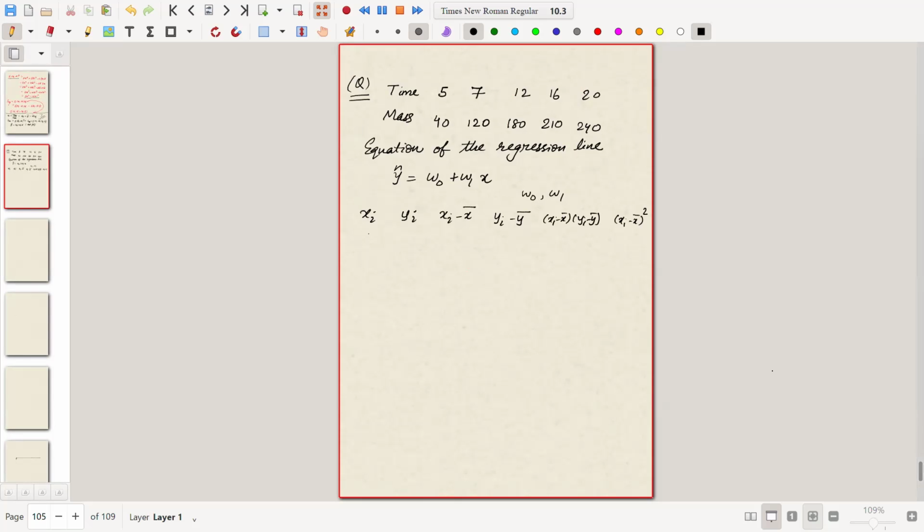Now tabulate each of these quantities corresponding to each xi, yi, and fill this table up. Find all the data from this, which will give W1. You do it by hand, and a similar problem we will see using Python.